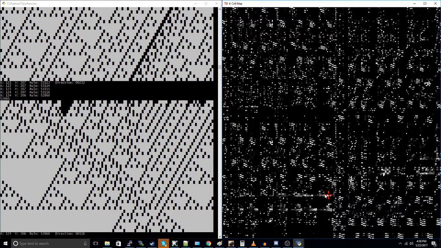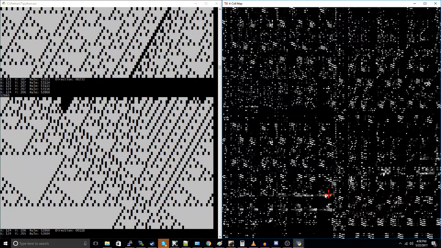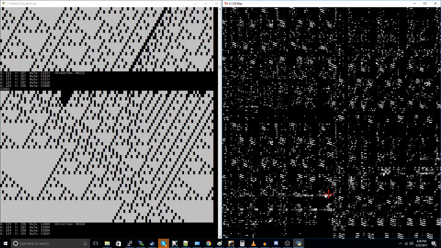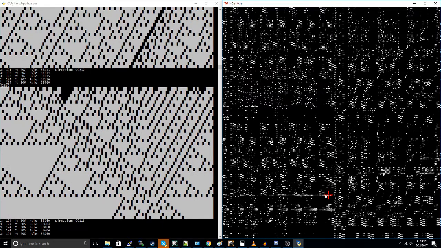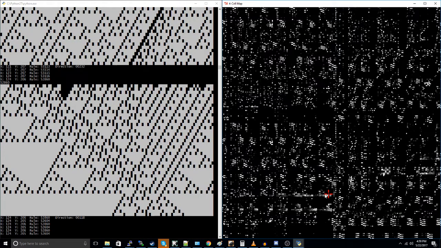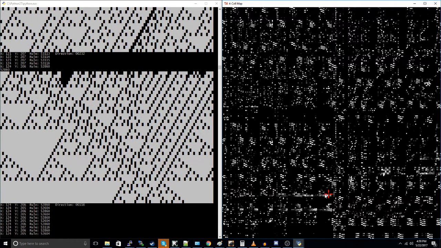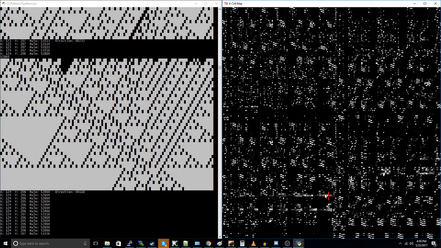Because one thing to remember is that if I go up with the cursor, up a row, so for example from rule 52,604 to rule 52,860, that's actually a 1-bit difference in the rule, because 256 is a power of 2. So these two automations have a 1-bit difference in the rule.